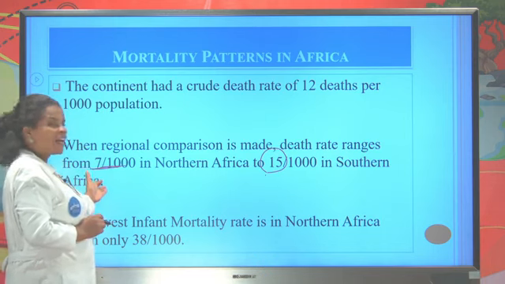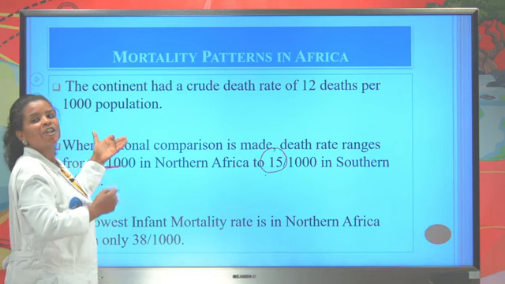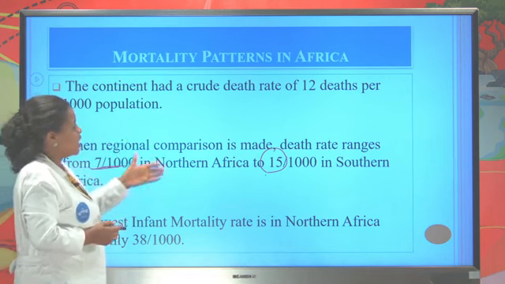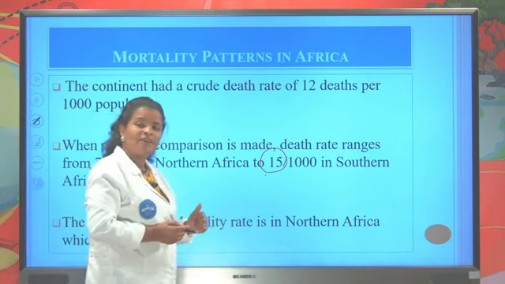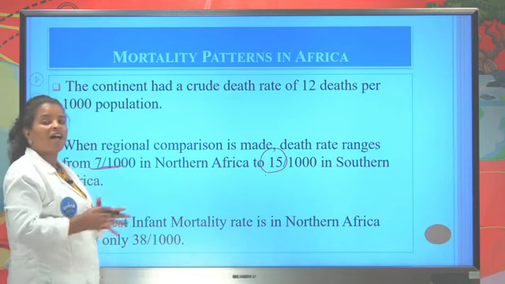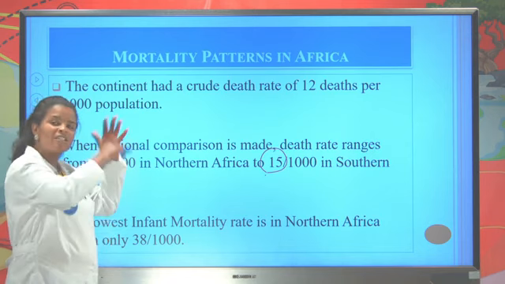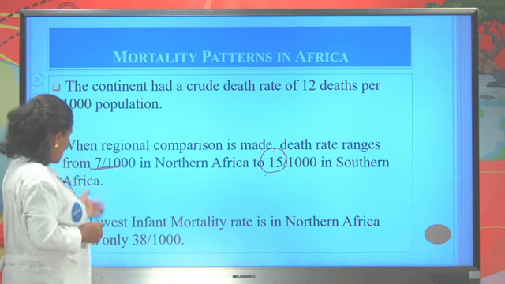So North Africa has the lowest mortality rate in Africa, and Southern Africa has a high mortality rate. In general, Africa's mortality rate is very high compared to other regions of the world.